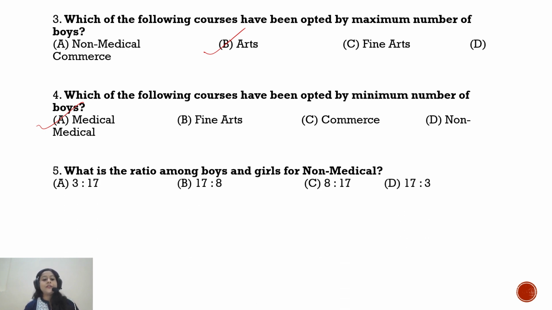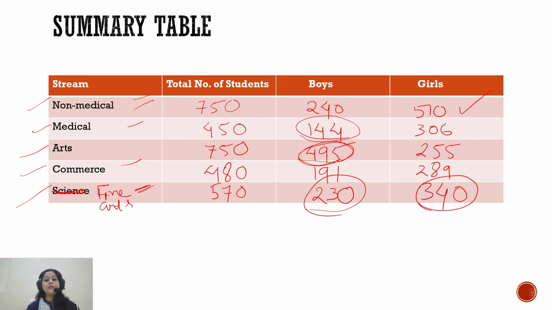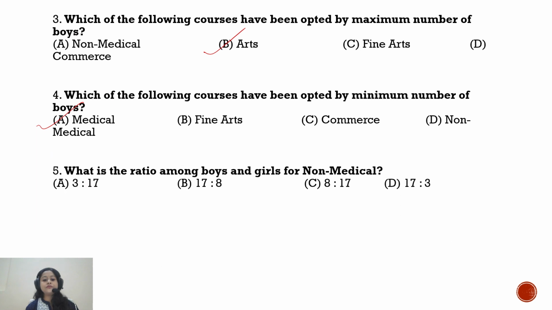And the final question is, what is the ratio of boys to girls for non-medical? You can see here that for non-medical, boys is 240 and girls is 510. Just from the table you can visualize it. So 240 to 510 will give you the ratio between boys and girls.